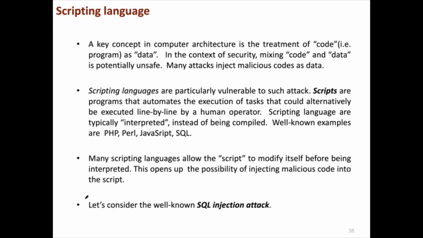Now let's look at a scripting language. A scripting language is different from languages like C. When we write a C program, we have to compile it, do a syntax check, and then run it.